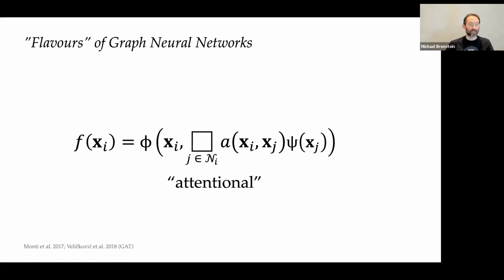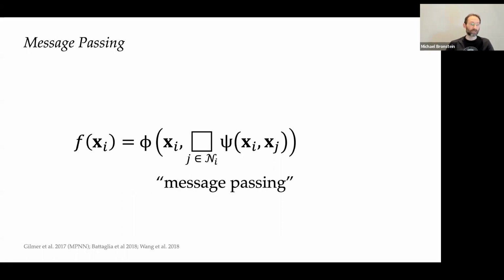We can also have the attentional flavor, where it is still linear aggregation, like summation in most cases. But now the summation coefficients depend on the features themselves. So the most commonly used architecture from this class is the GAT, graph attention network. And the most general flavor is general message passing, where we have nonlinear functions that depend on the feature of the node and the neighbor.